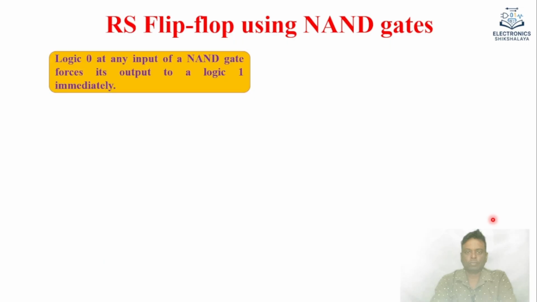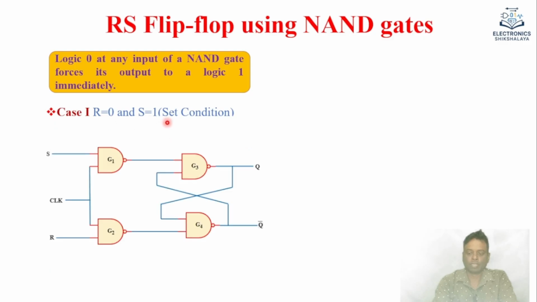We know that if logic 0 is any input of the NAND gate, it forces the output to be a logic 1. That we have seen in the latches. In this case also the same concept is going to work. First, the R value is 0 and the S value is 1.